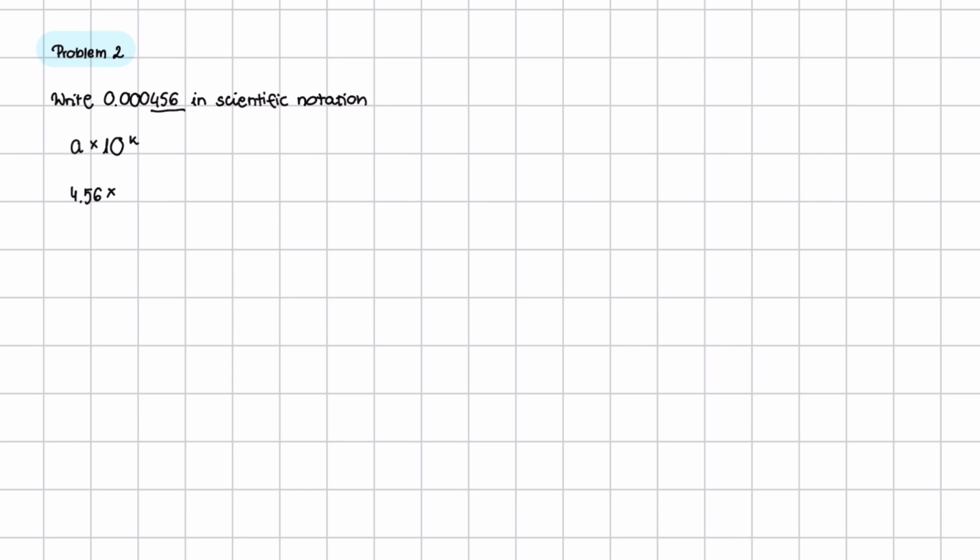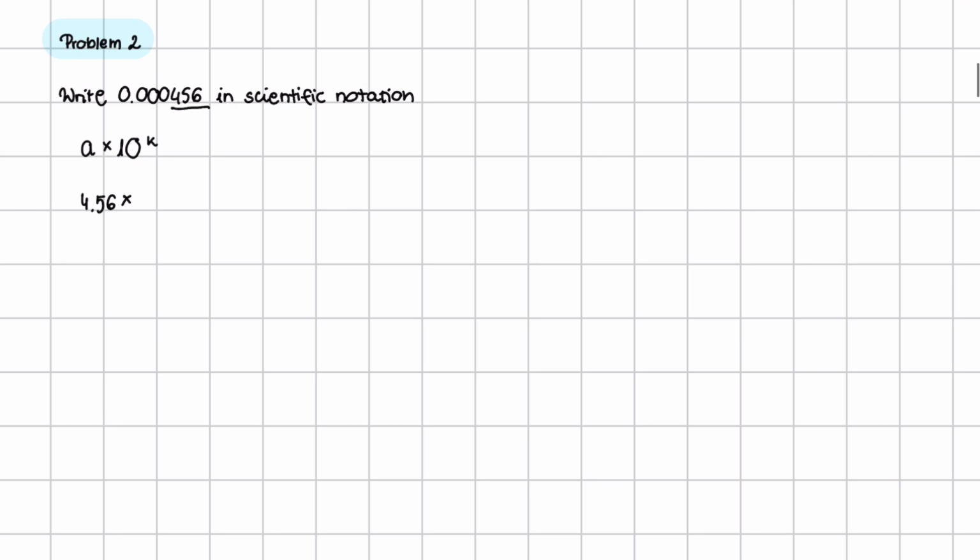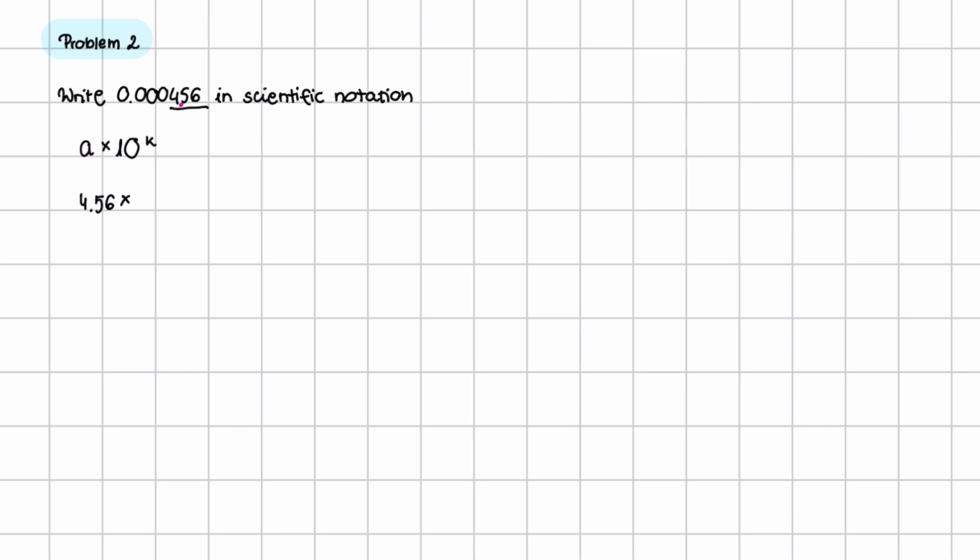And now, if we put a dot in here, we have to calculate how many places we will move. So because we are starting from here, we have 1, 2, 3, and 4.